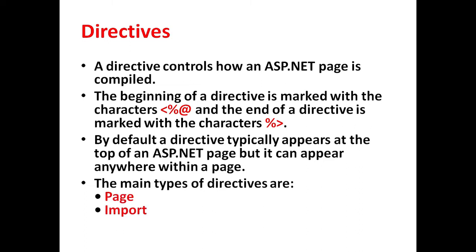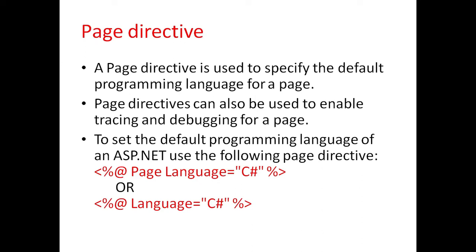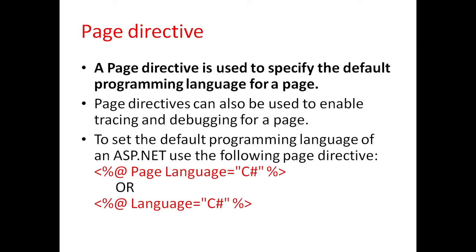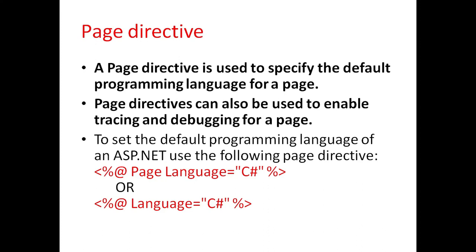The main types of directives are page and import. First is the page directive. A page directive is used to specify the default programming language for a page. Page directives can also be used to enable tracing and debugging for a page.